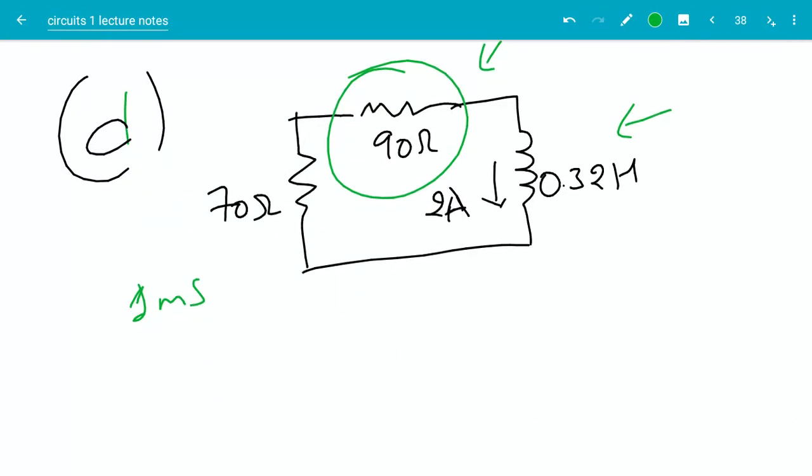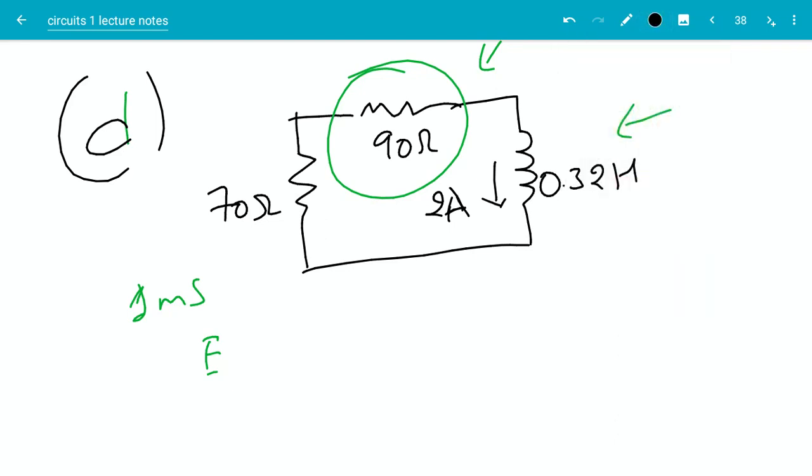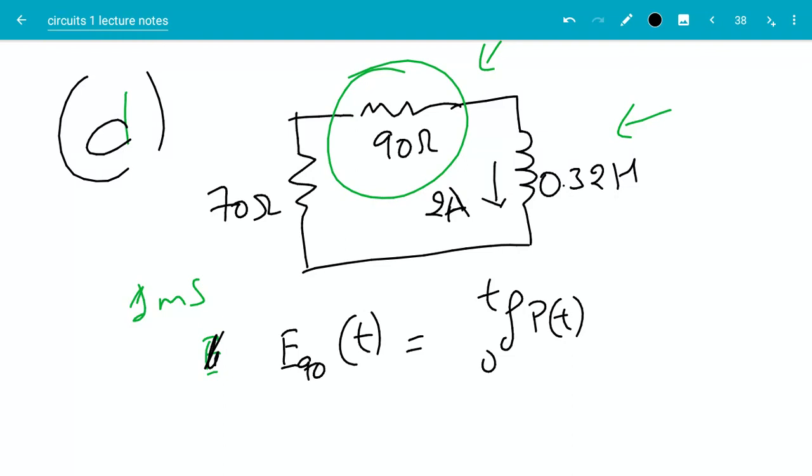So the energy in the 90 ohm resistor, the total energy dissipated until time t, will be equal to the integral from 0 to t of the power being dissipated in the resistor times dt.